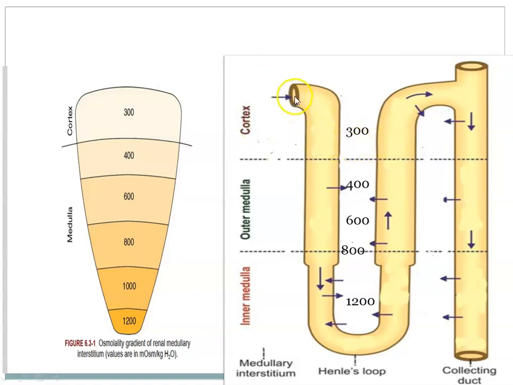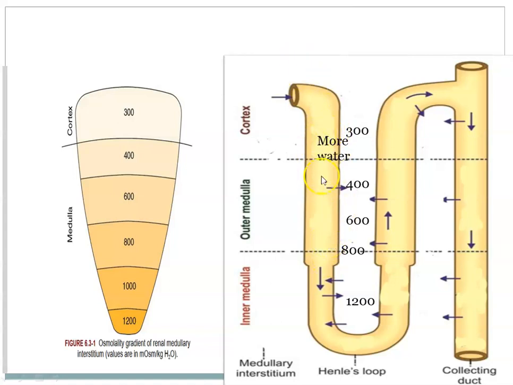Now, as the fluid enters the descending loop of Henle, more water moves out because this descending loop is more permeable to water and impermeable to solute.